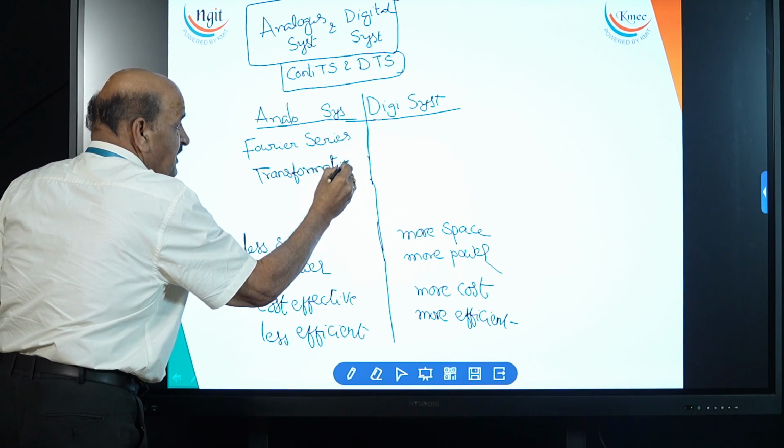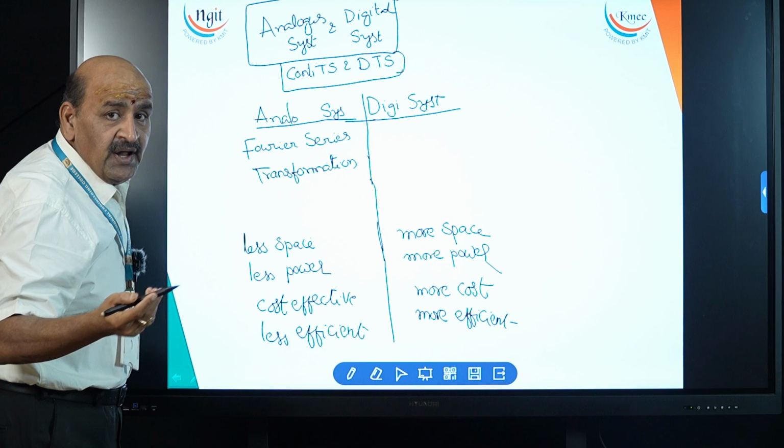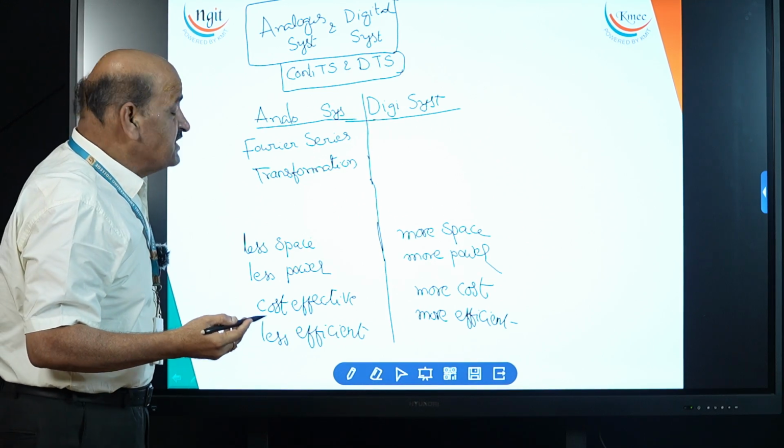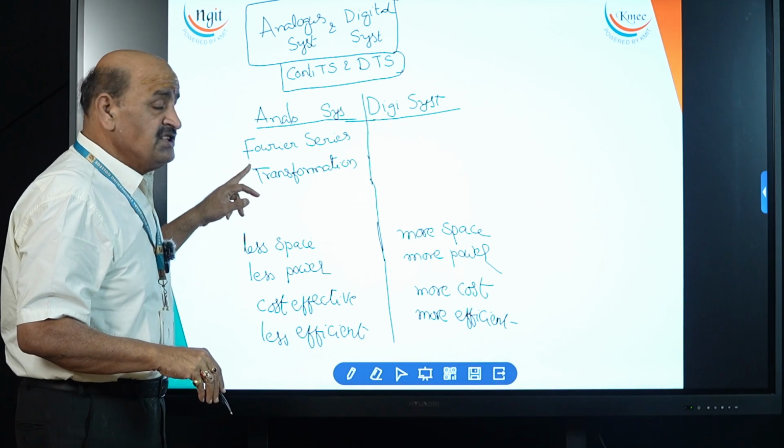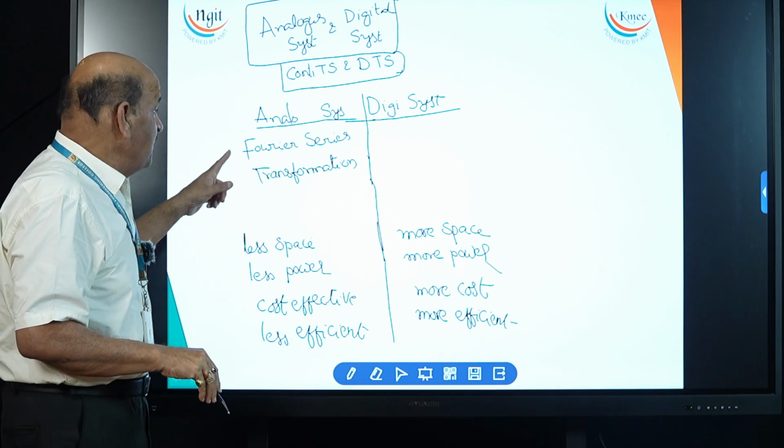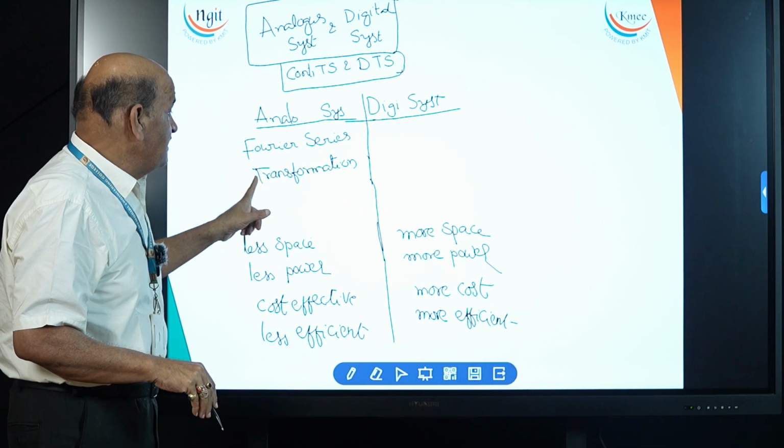That means, to model analogous systems which contain continuous time signals, the mathematical representations are possible only by Fourier series and Fourier transformations.